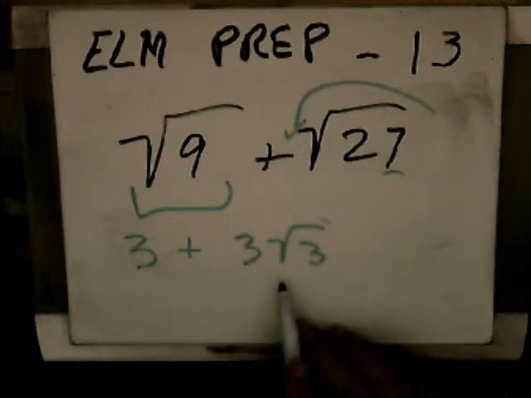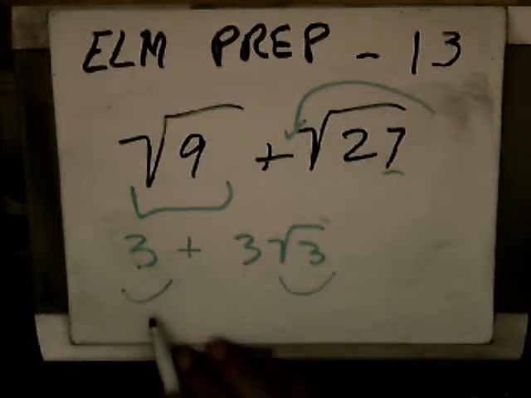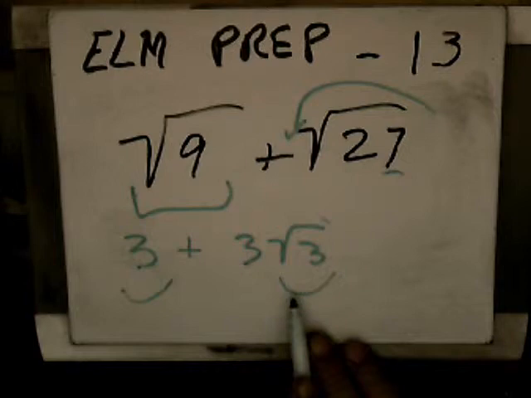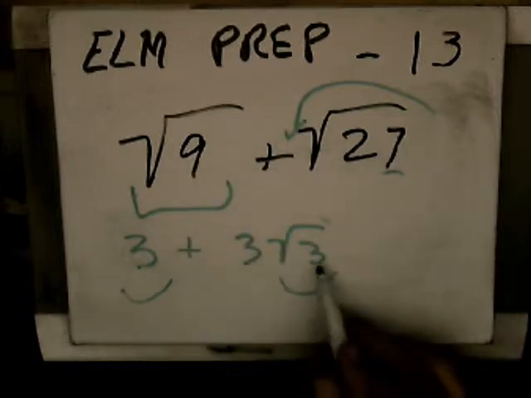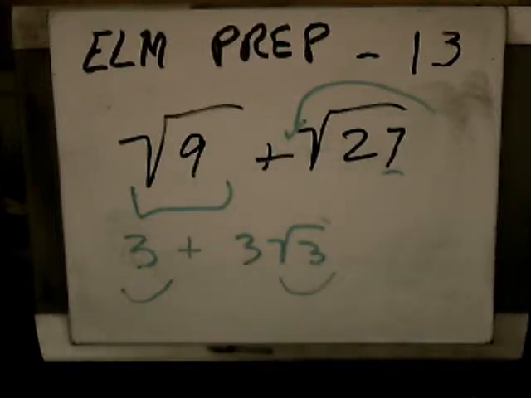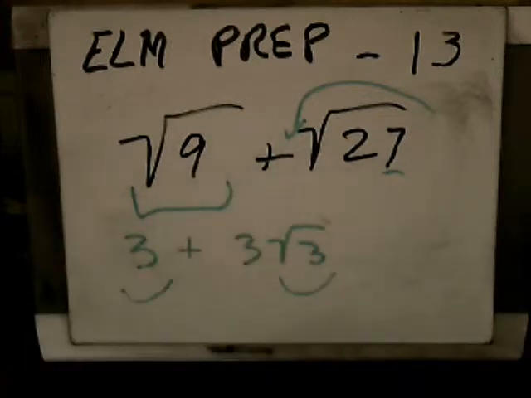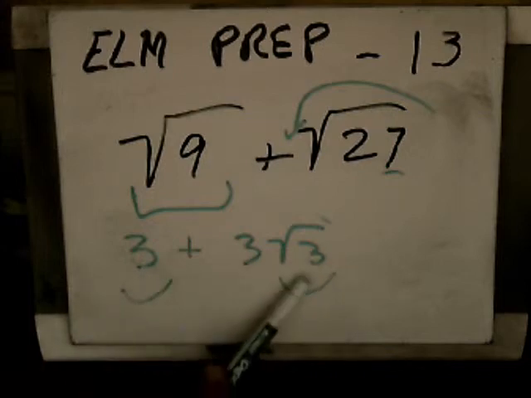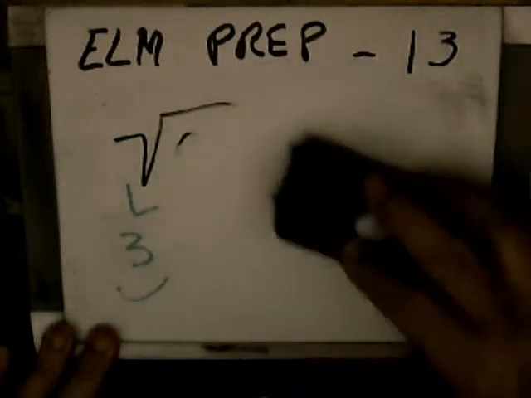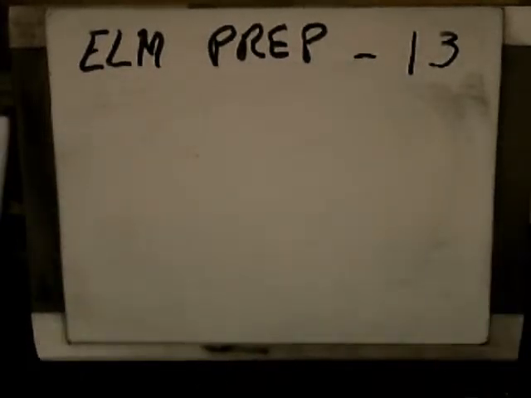Well, again, I still do not have the same thing, so that's as far as I can go. I can bring out a common, but my insides are not the same. So I could reduce it out and bring out the square root, but I cannot add them. This is just 3. This is 3 square root of 3. So if they're not the same, I cannot add or subtract them.